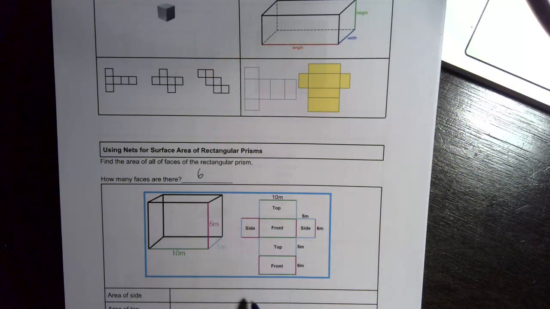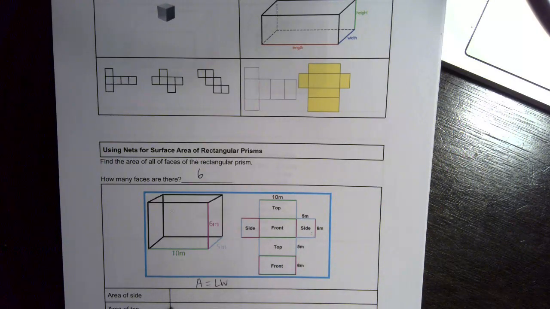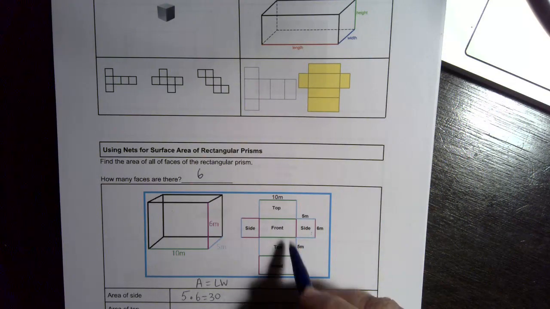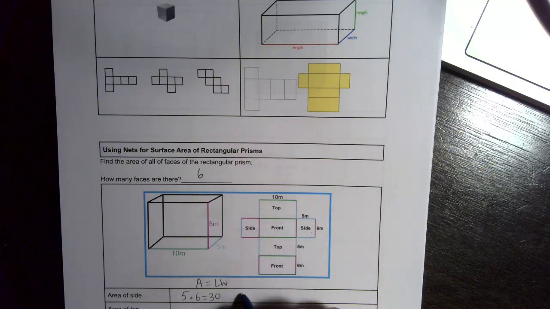Again, we're using rectangles, so we'll always be using the formula area is length times width. So the area of this side is going to be 5 times 6, which will give us 30. Remember, there are 2 sides, so we have to do 30 times 2, so our sides give us 60.